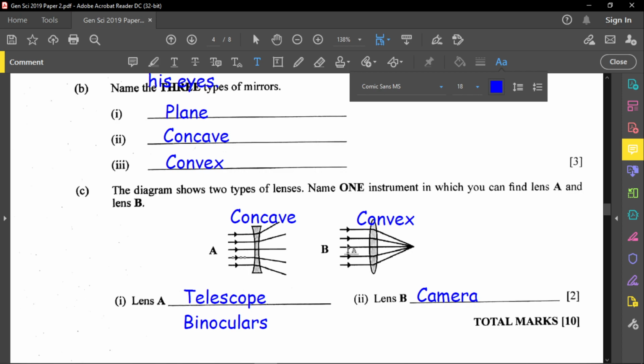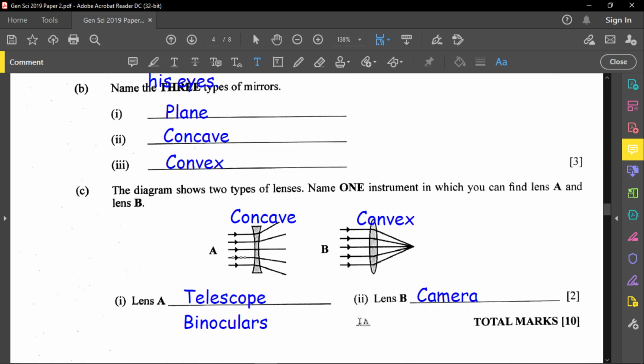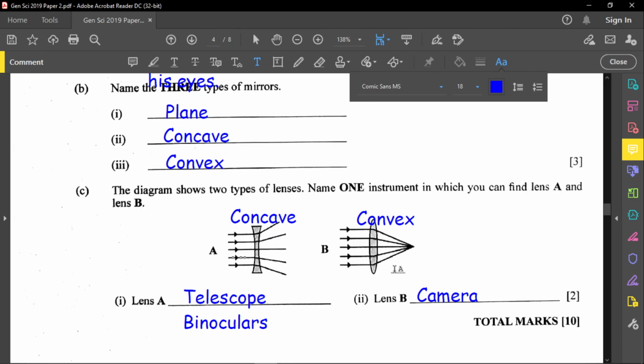And you also could find convex lens in magnifying glass as well. All right. So those are just two examples of each. But you only asked for one. All right, that's another question down.